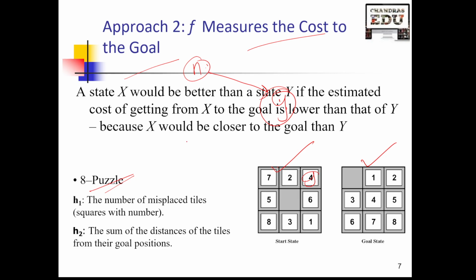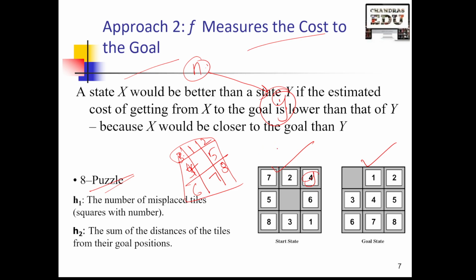Suppose 1 is at this place, 2 is at this place, 3 and 5 are here, 6 here, 7, and here we can consider 8, and here it is 3, and here it is 4. So this is one arrangement.